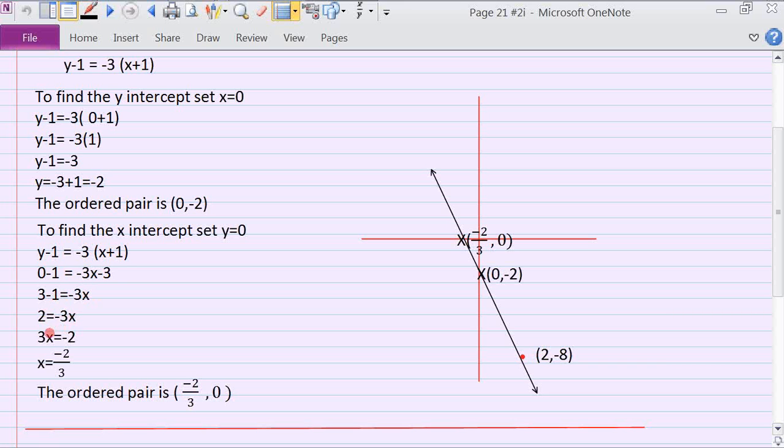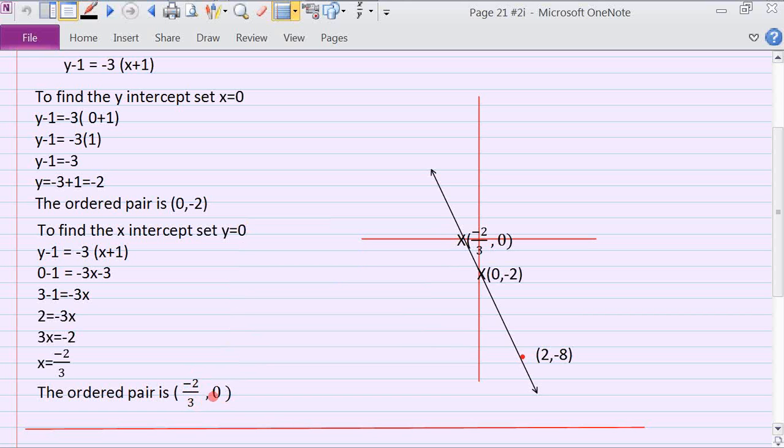I can bring this to the other side from the right to the left, and this from the left to the right, and I get 3x equals minus 2. I divide minus 2 by 3 to get x, and I get minus 2/3. So the ordered pair that fits this equation is (minus 2/3, 0).